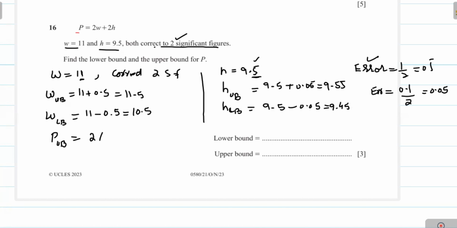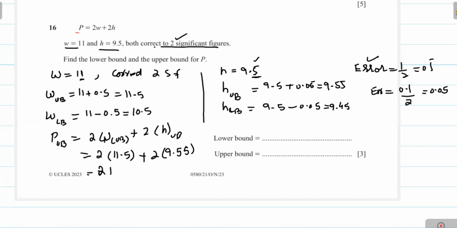Now this is 21 and 23. 2 into 11.5 is 23, and that will be equal to 19.10, and this value will be equal to 42.10, the upper bound value.